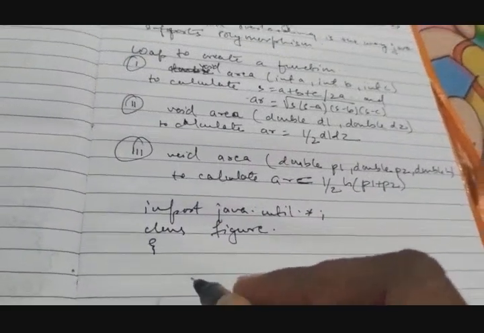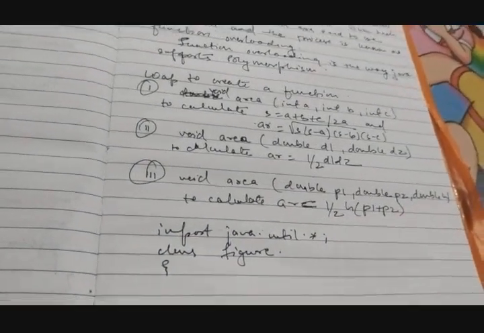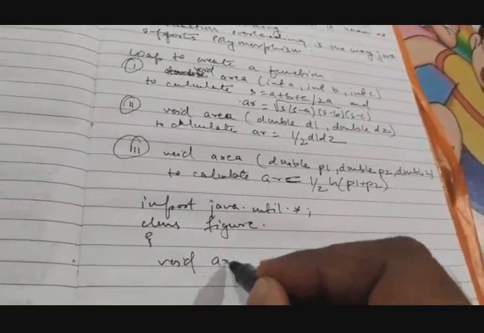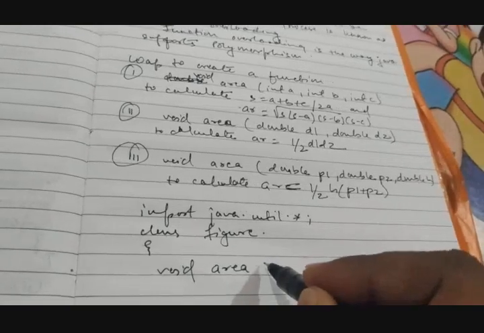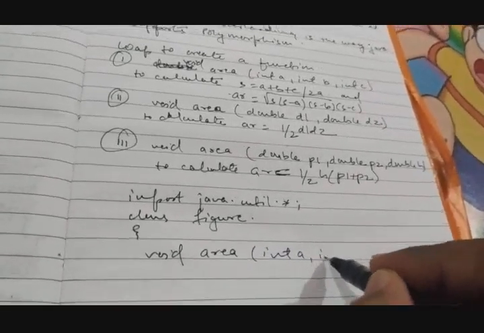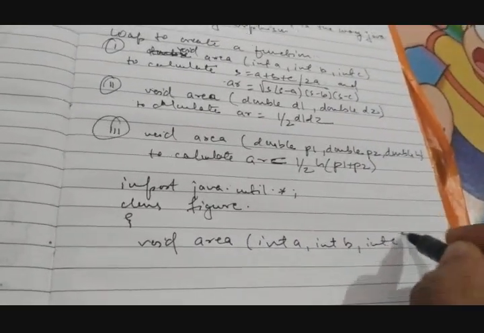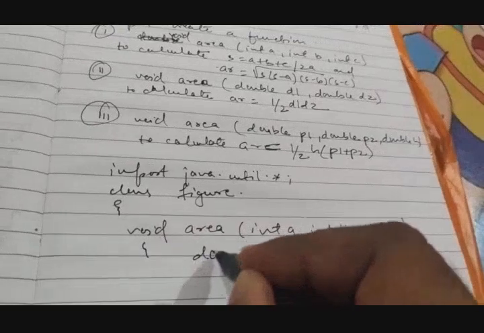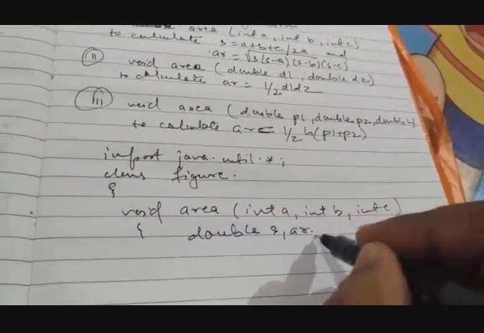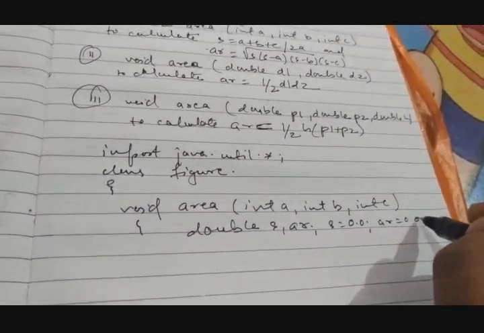Here we need to create a function void area, and the parameters are int a, int b, int c, and let's create a double s and ar. s equals 0.0, ar equals 0.0.